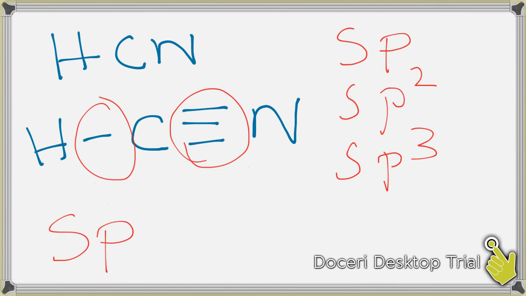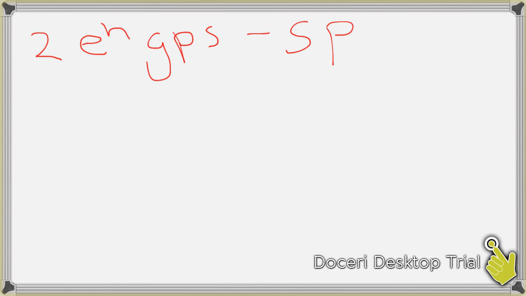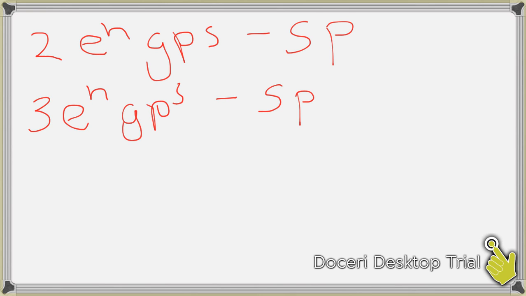So if you have two electron groups, what is the geometry for two electron groups? Linear. Two electron groups, if it is a linear geometry, it is sp. Then three electron groups, it is sp2, and the geometry is trigonal planar, right?